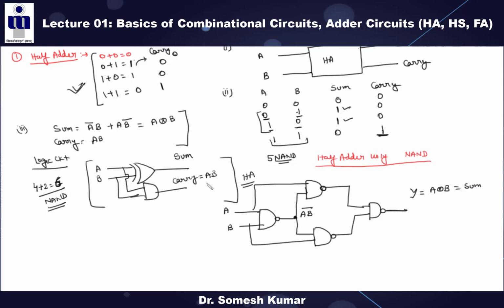What about carry? Carry is your A dot B, and we already received here (AB) whole bar. If I give this to one more NAND gate, then this is your AB, and this is your carry, right? So the minimum number of NAND gates required to implement the half adder is 1, 2, 3, 4, 5, right?